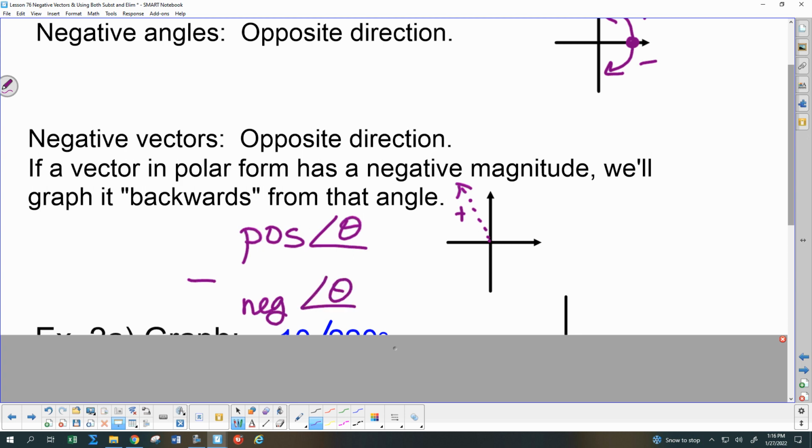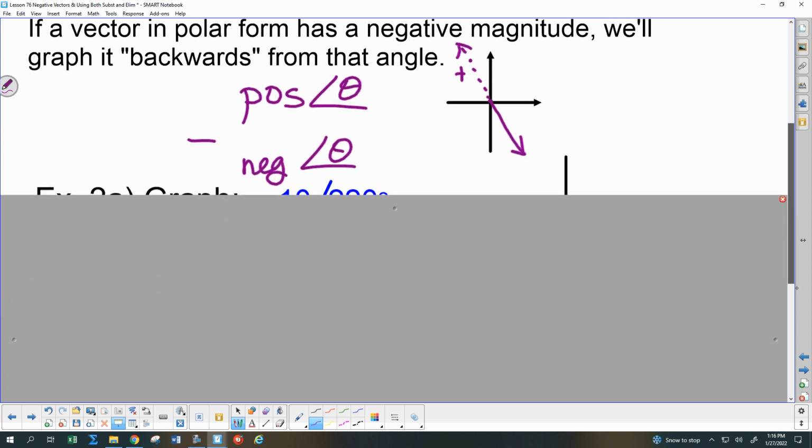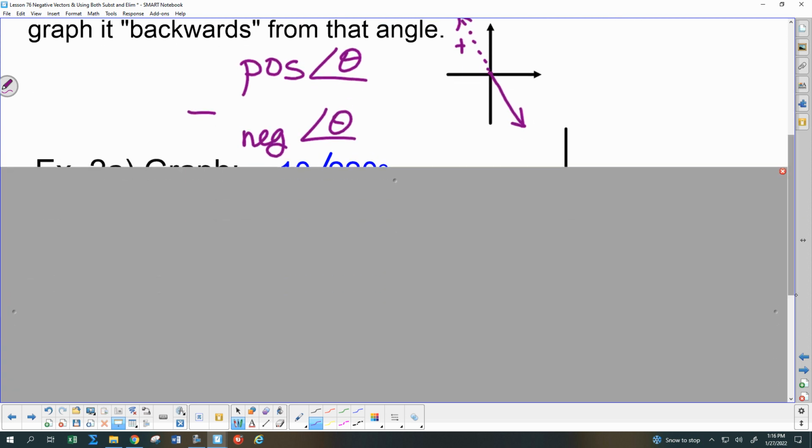I'd figure out, well, if it had been a positive instead, it would have gone here. That's why I drew it with a dotted line. The real one is going to be exactly opposite, but that very same length long. So again, just opposite direction, but for a different kind of thing. So we're going to practice just graphing 2 of them and then doing a vector addition one where we have a negative vector in the problem.